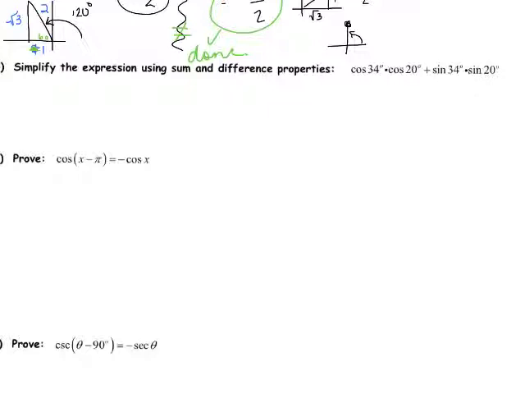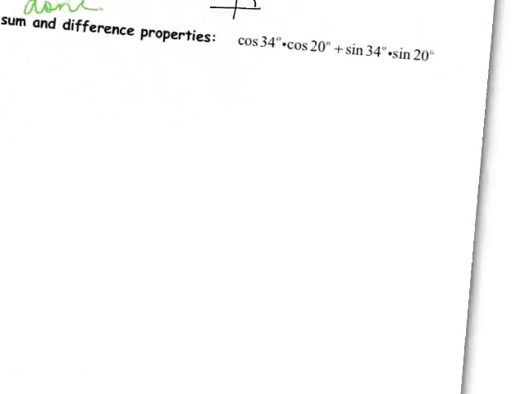So if you match that up, go ahead and pause it if you want to match it up. But what you should match that to is you see on your formula chart where it says cosine, and I'm just going to write it right underneath, of A times cosine of B plus sine of A times sine of B.